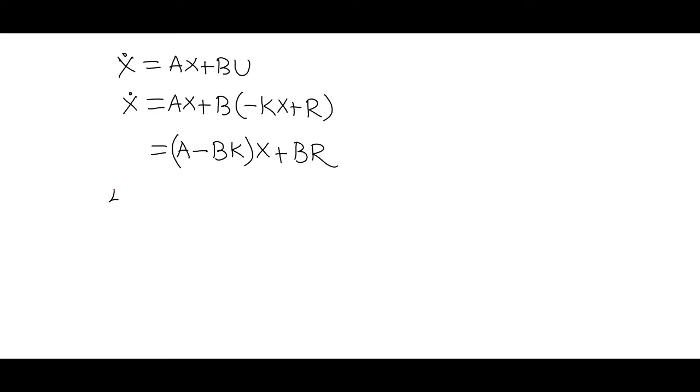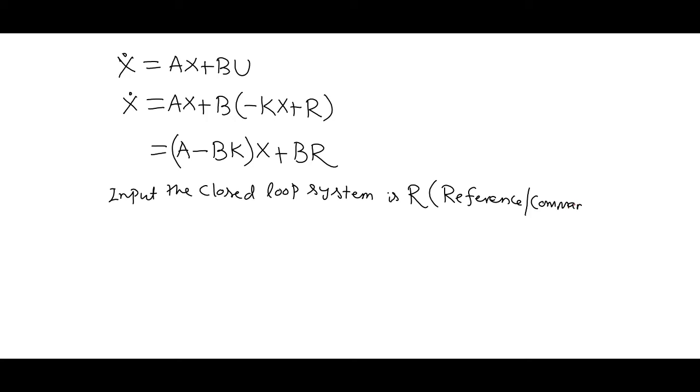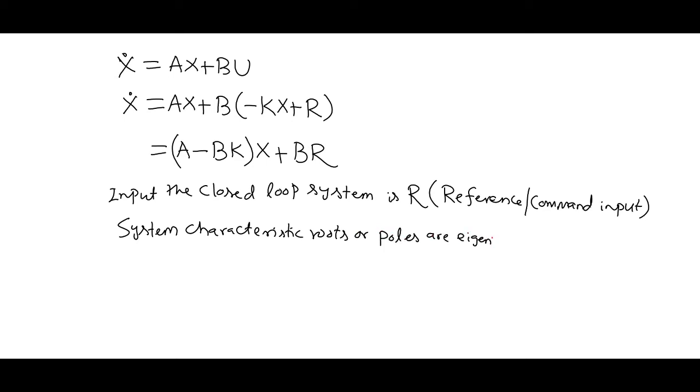So, here input to the closed loop system is r, that is reference input or command input, and now the system eigenvalues or system characteristic roots or poles are eigenvalues of A minus B K matrix.